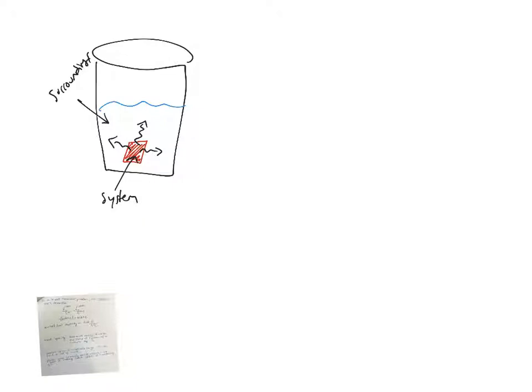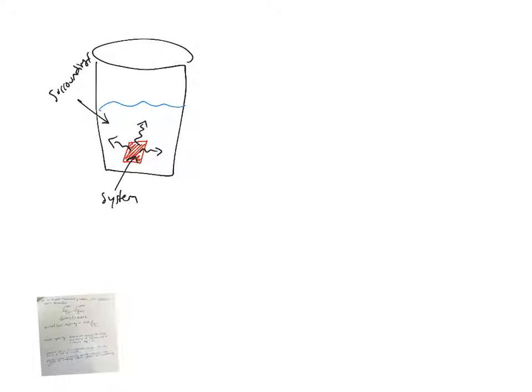So if we use a block of copper versus a block of aluminum, they will have different heat capacities. Therefore, that amount of heat that is released is going to change, and also that final temperature is going to change. How much heat that substance can hold on to at a certain temperature is going to be different for different substances. So that's where that specific heat capacity comes in.